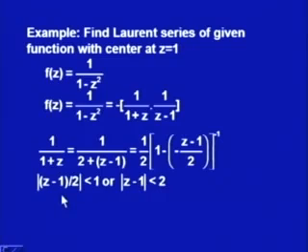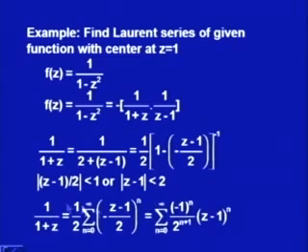And assuming |z−1|/2 is less than 1, or |z−1| is less than 2, then the modulus of this term will be less than 1, and then we will be able to expand it in power series, in powers of z−1.